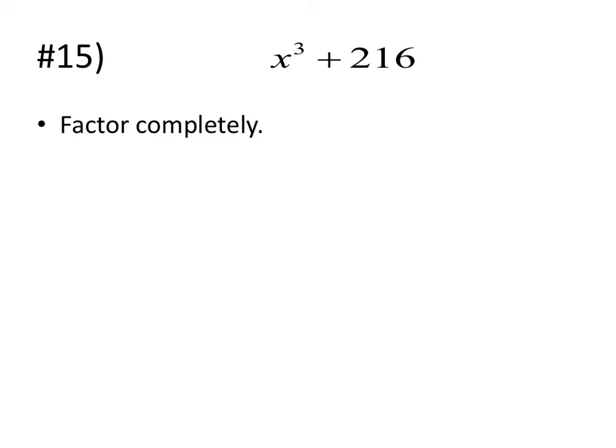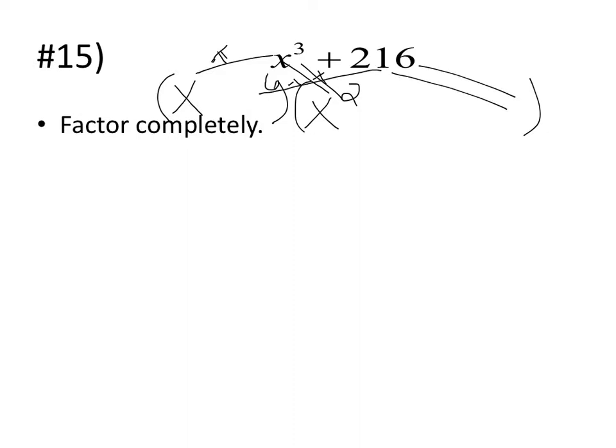Okay, this we're going to do roller coaster because of the cube. It's a dead giveaway. 1 to the front, 2 to the back. So x times x is x squared. Remember, each one of these lines is an x. And then here, each one of these lines is a 6, because 6 times 6 times 6 is 216. So back here, 6 times 6 gives me 36.